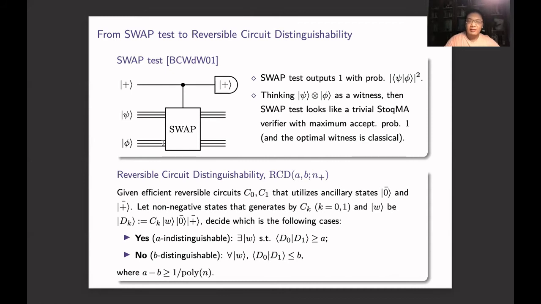Decide which of the following cases holds. For a yes instance, there is a witness such that the inner product between D0 and D1 is at least A. For a no instance, for any witness, the inner product between D0 and D1 is at most B, where the gap between A and B is at least inverse polynomial.